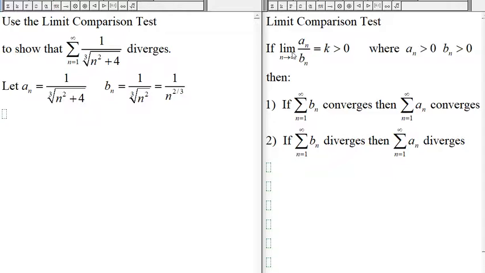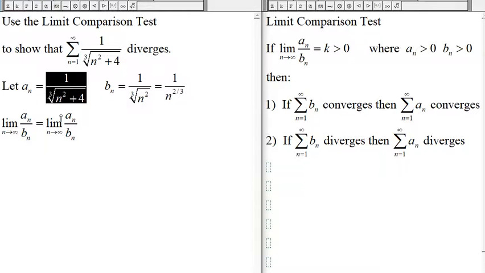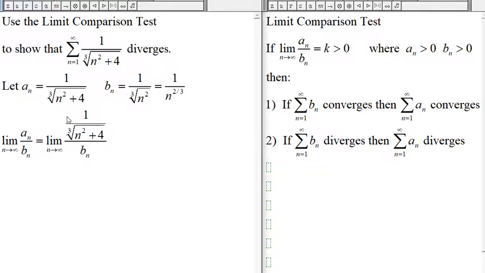So first, we need to show that the limit is some positive number. So this will be 1 divided by the third root of n squared plus 4, and then this is 1 divided by the third root of n squared.